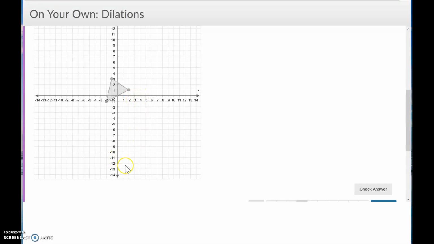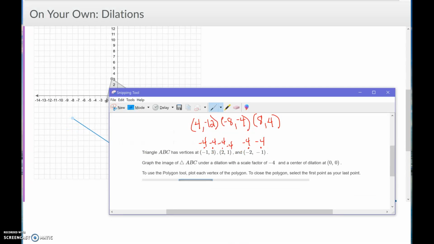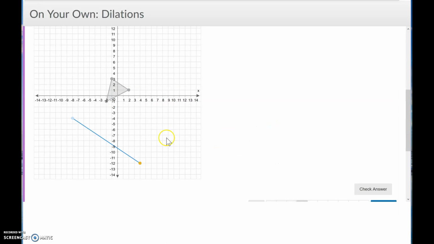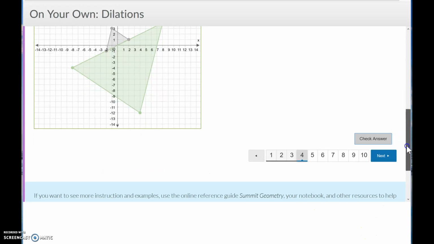4, -12 here. All right, our second coordinate is -8, -4. And our last coordinate is 8, 4, and connected to the last one. Let's check our answer.